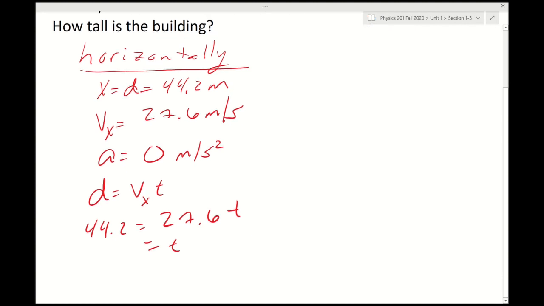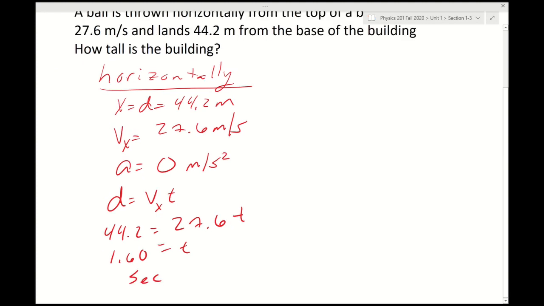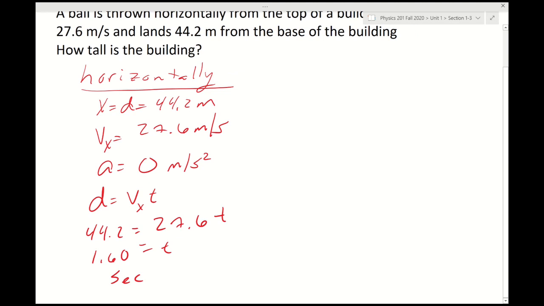So it's only going to take about 1.60 seconds for the ball to travel the 44.2 meters. Vertically, we know that since it's thrown perfectly horizontally, we do not know how far it's traveling.